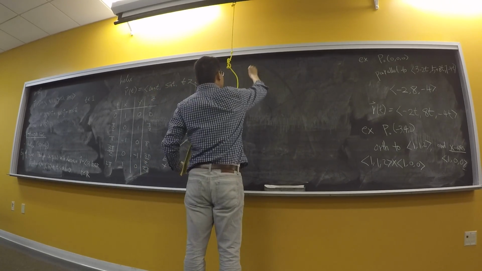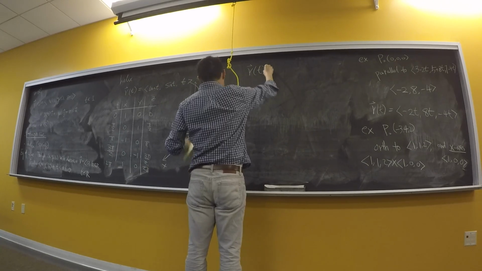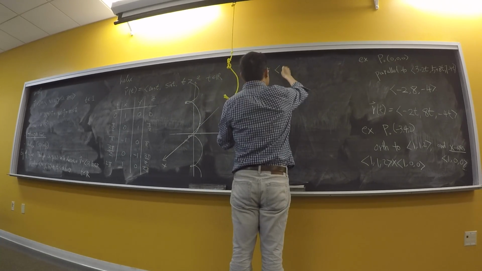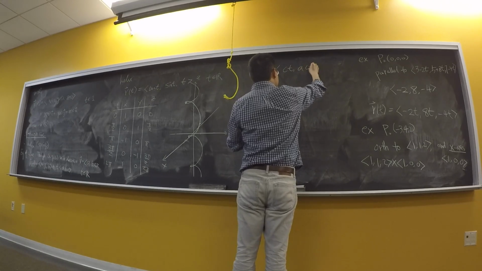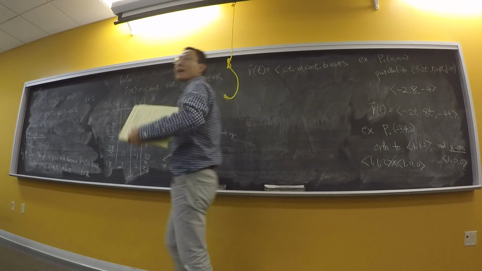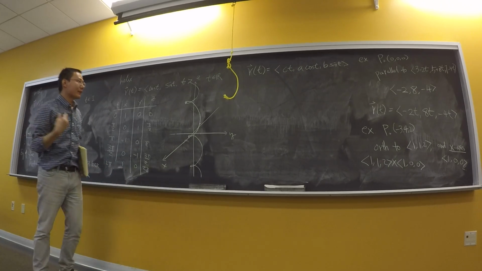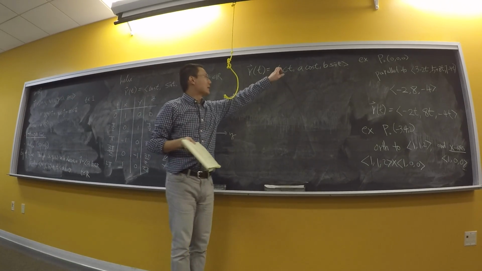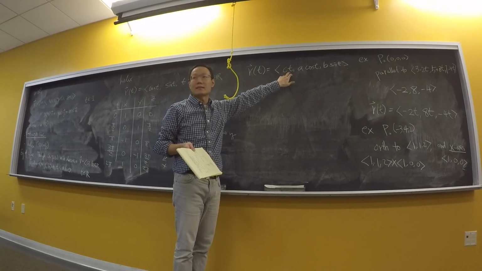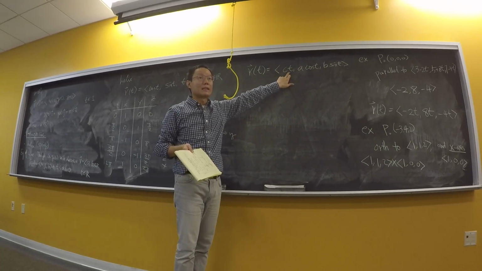So generally, if I have a vector-valued function given by, say, ct, a cosine t, b sine t, I can also easily tell the axis is going to be the x-axis, okay? Because this is the direction where it's stretching out.